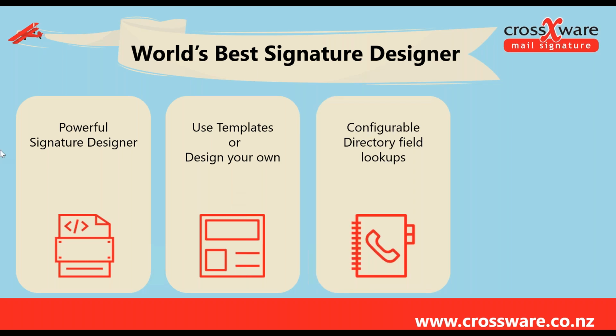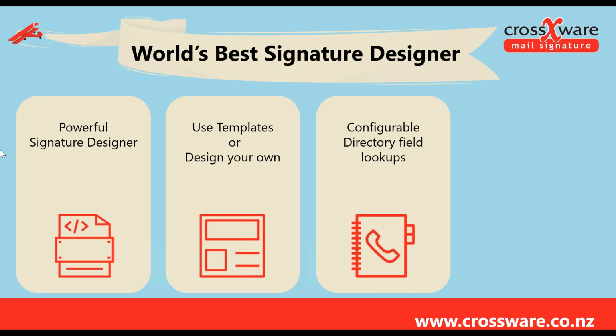And Crossware has configurable directory field lookups, allowing you to arrange how you can display data from the directory in your signature. So for example, you may have a mobile number entry for everyone in your organization. However, you may only want that information to show for a certain department.